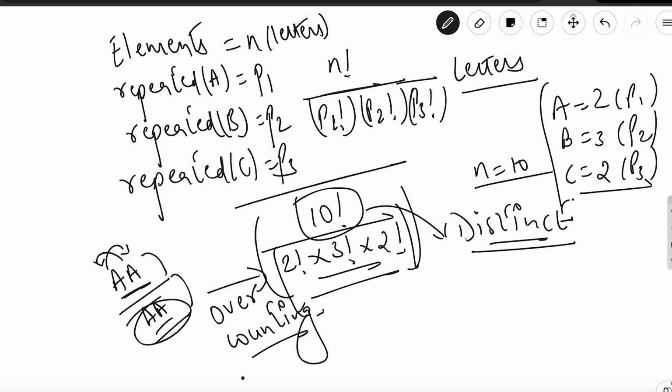So to remove that overcounting in our calculation of 10 factorial, we divide by the factorial of the number of occurrences, or the repetition.